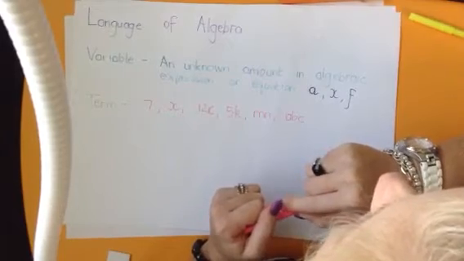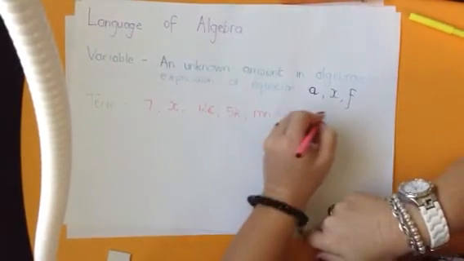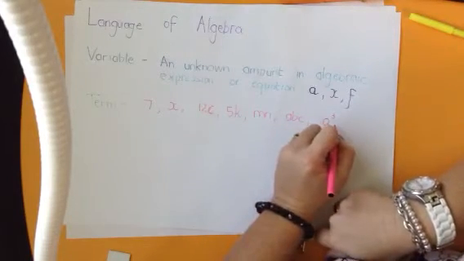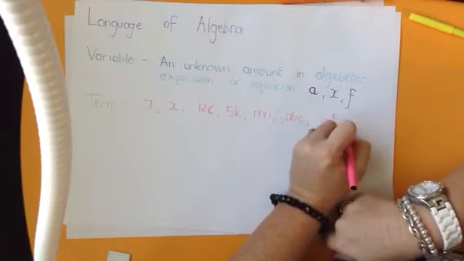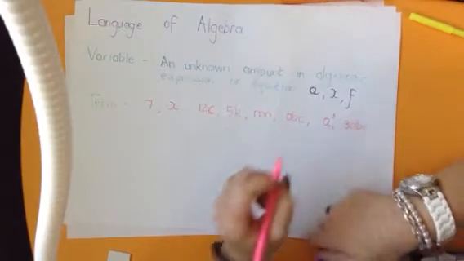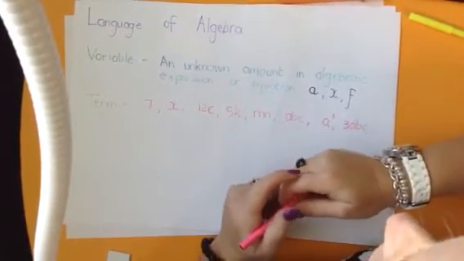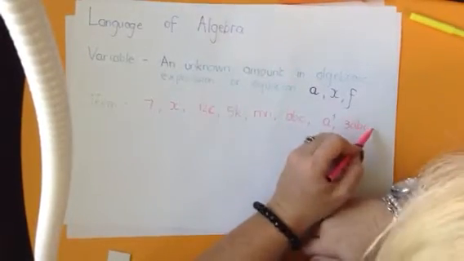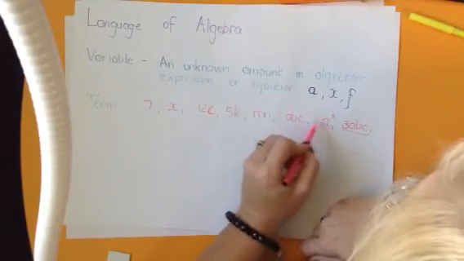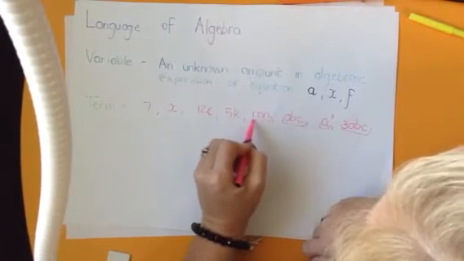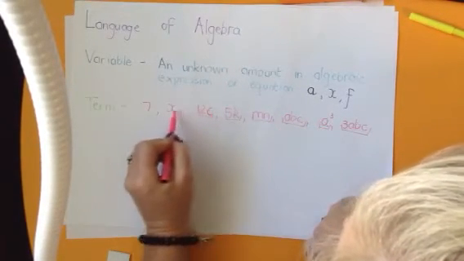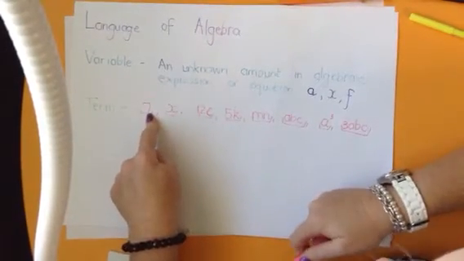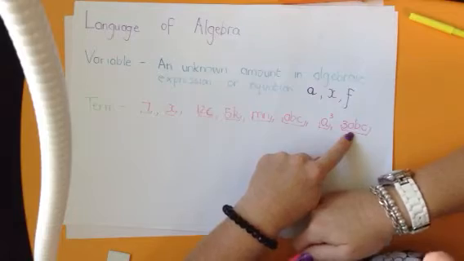A variable multiplied by itself a number of times, it could be A to the power of 3, or it could be a product of a number and several variables, so it could be 3ABC. Okay, so they are all terms. So any of those could be a term. Basically, they're a little family that stand on their own within an expression or an equation, and they're all close together or alone. So a term can be one number, like 7, or it can be very long like that one, or even longer.